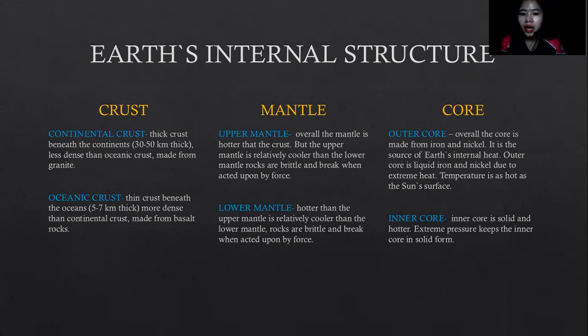Rocks are brittle and break when acted on by force. So most of the rocks there, madali siyang mabitak or masira because of the pressure that is exerted. And lower mantle is hotter than the upper mantle. So the upper is cooler than the lower because rocks are brittle.